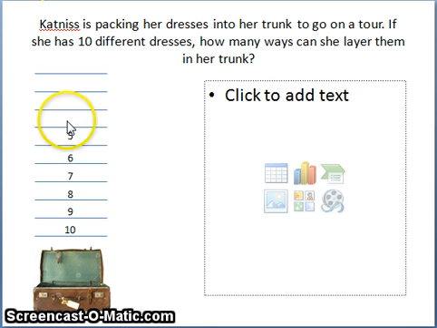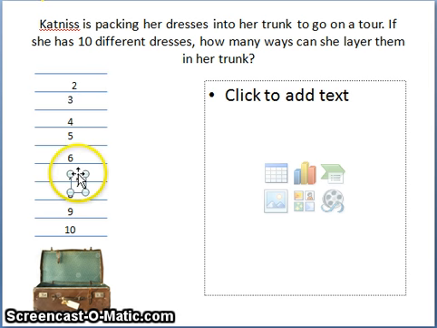And then, because she will have put even more in the trunk already, she'll only have 4 dresses left to choose from. Think about it, every single time she puts one in the trunk, it's another choice. Every time she's having to choose. And then this time she's still having to choose between the last 2 dresses. Which one does she want to put in next? So she's still going to have 2 to choose from there.